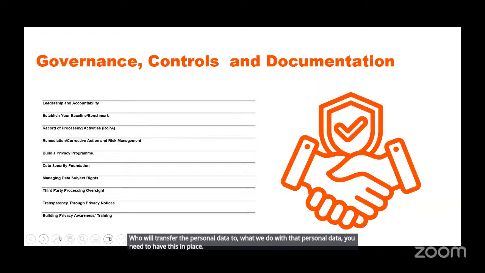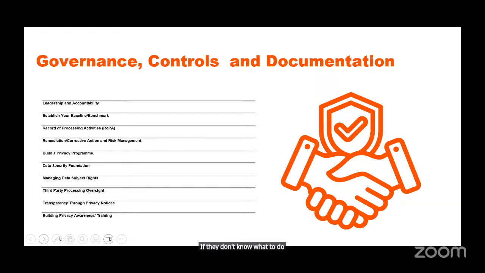It's very, very important. And last but not least, you need to build awareness within your organization. You can have all of this, you have the leadership, but if your people within the organization don't know what to do, this will fail. So you need to train people.